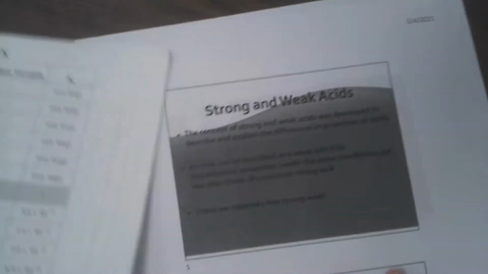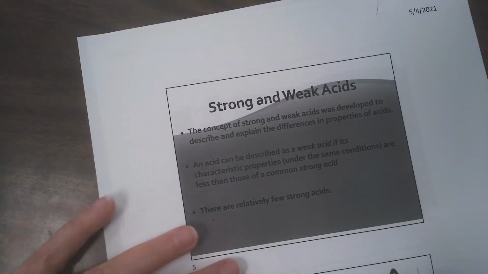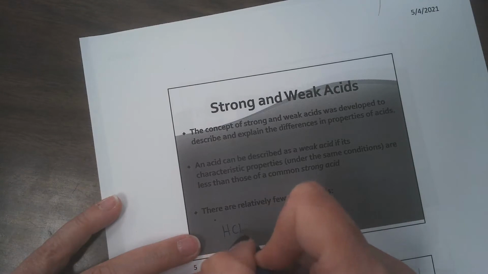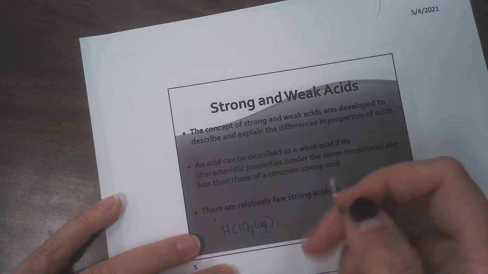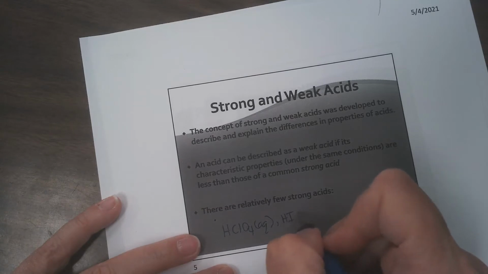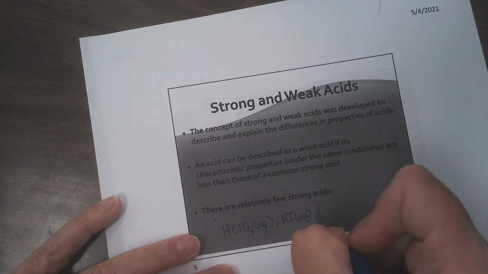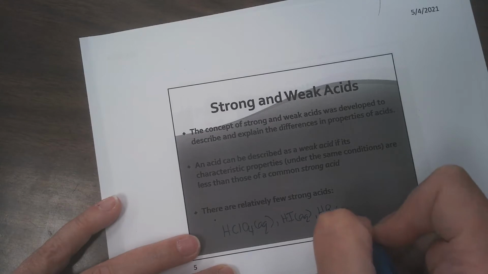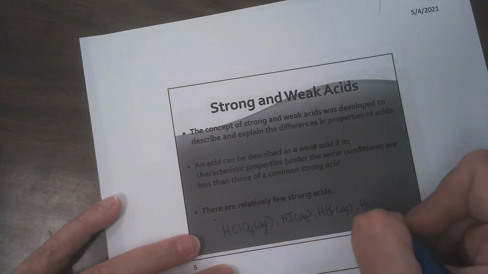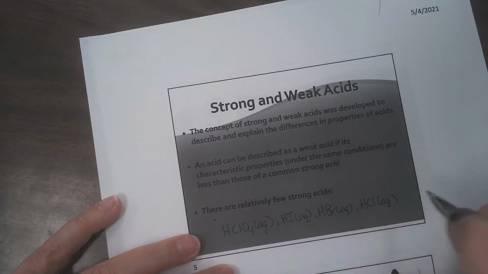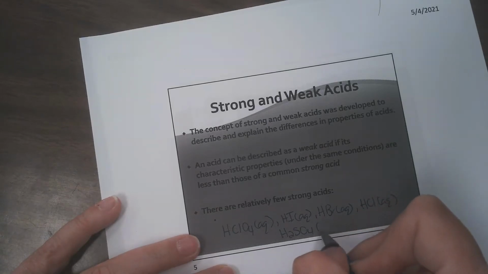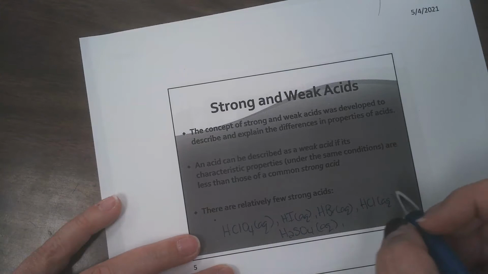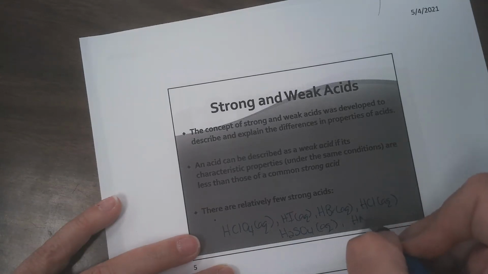When we write them down in our notes, we have perchloric acid, HClO4, we have hydroiodic acid, we have hydrobromic acid, we have hydrochloric acid, we have sulfuric acid, and we have nitric acid.